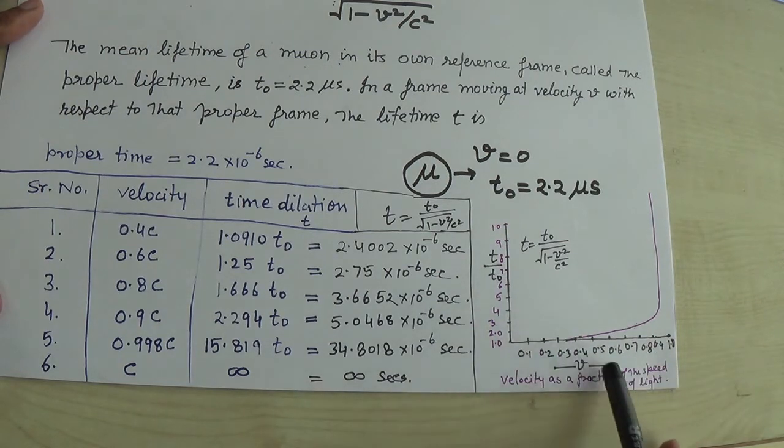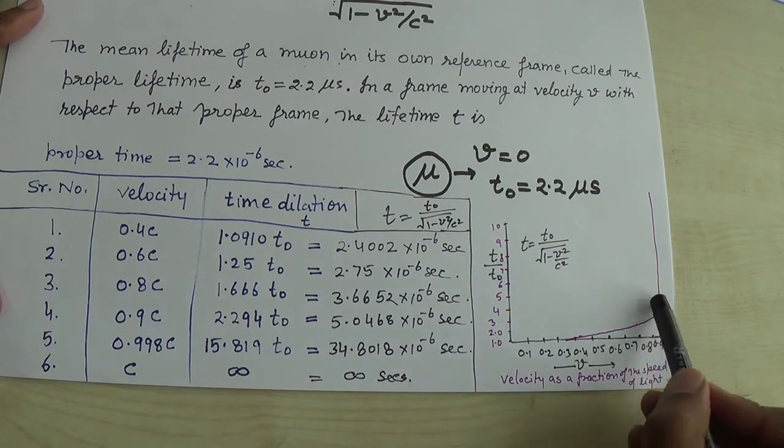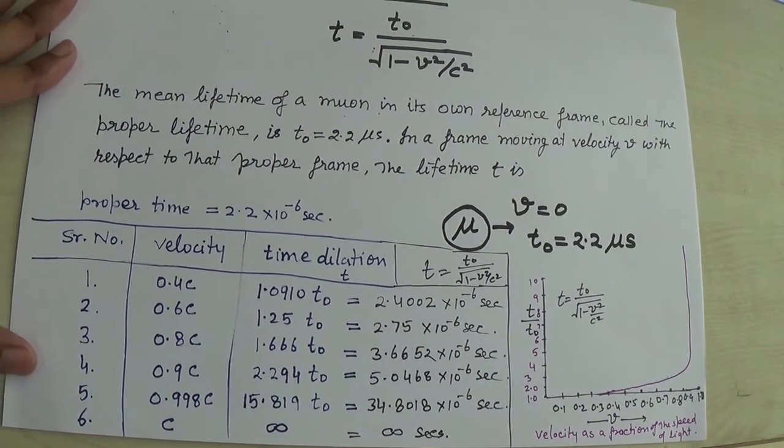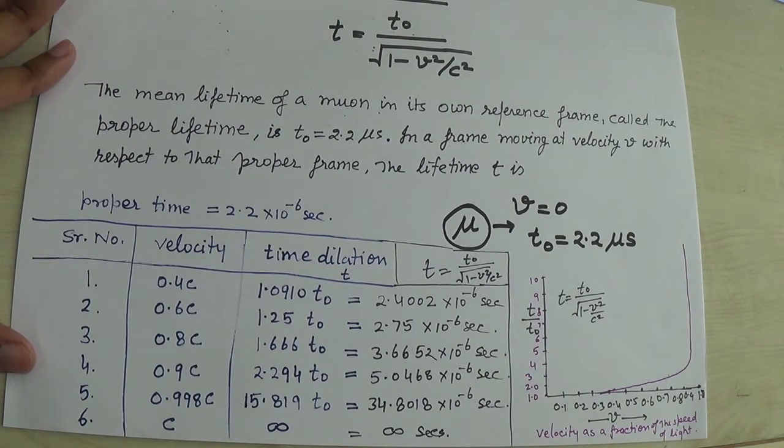Here v is in terms of the speed of light: 0.4 c, 0.5 c, 0.6 c, 0.8 c, 0.9 c and c. When v is equal to c, you can see that it increases sharply. So this behavior is for time dilation in the special theory of relativity.